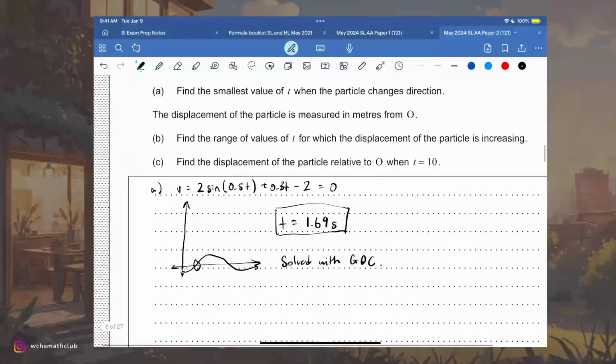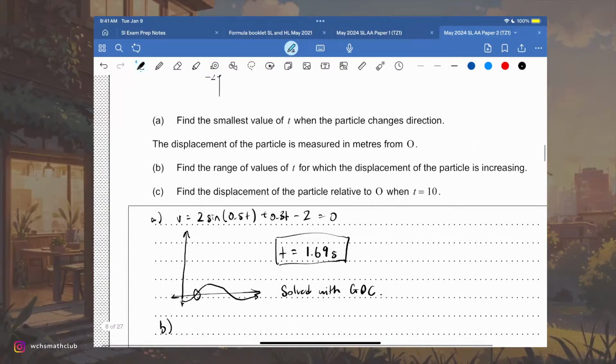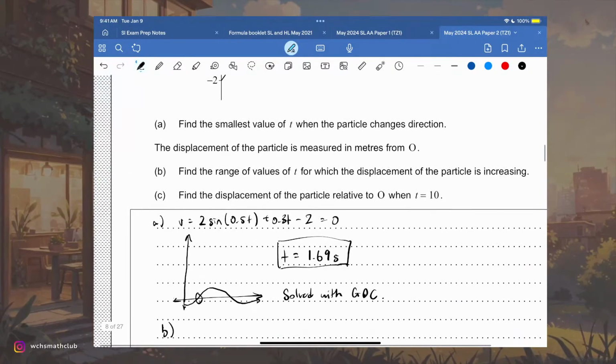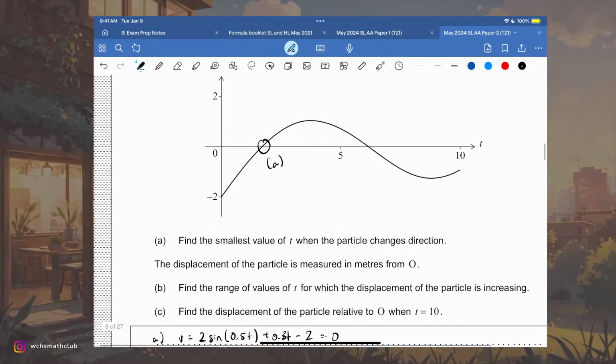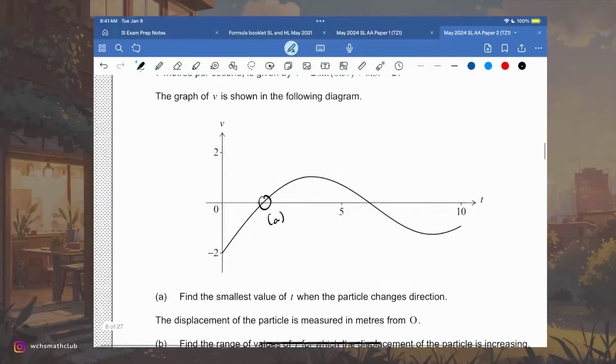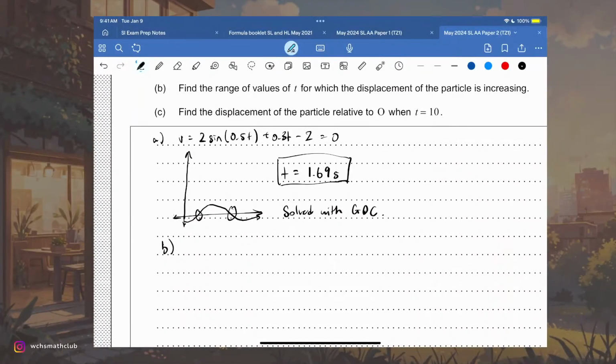Great. So to solve part B, we have to find the range of values for t for which the displacement of the particle is increasing, or in other words, the velocity is positive. So we see there's a second root right here.